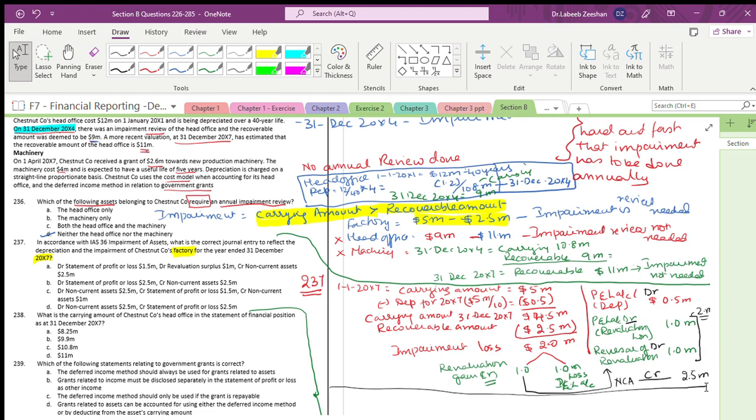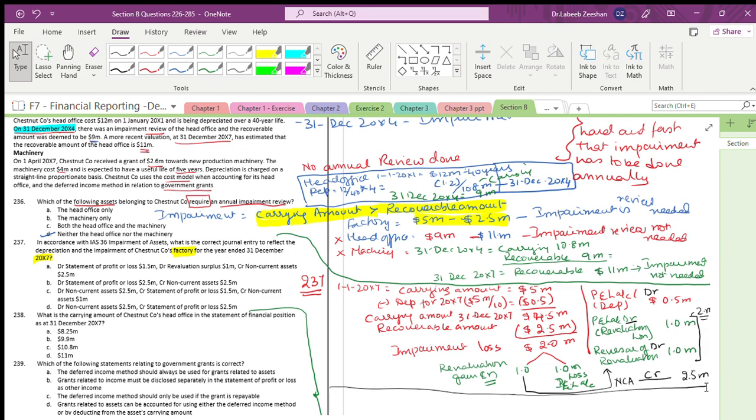See, again I will explain. Carrying amount is how much? 5 million on the first of January. Do you have to calculate depreciation? 5 million divided by 10 for the remaining life is 0.5. Definitely depreciation will be a debit: debit profit and loss account, and credit will be the non-current assets.